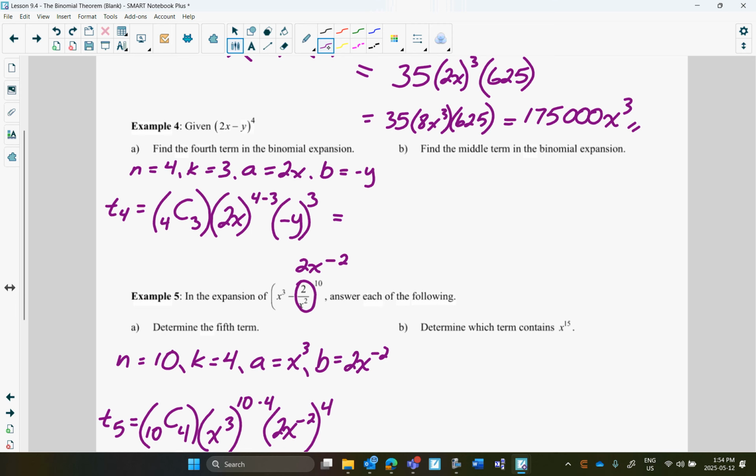Okay, 4. 5. There's 5 terms. The number of terms is always one more. So doesn't that mean that the third one has to be in the middle? So we're finding T3. And because we're finding T3, k is 2, n goes back to 4, a is equal to 2x, b is equal to -y.